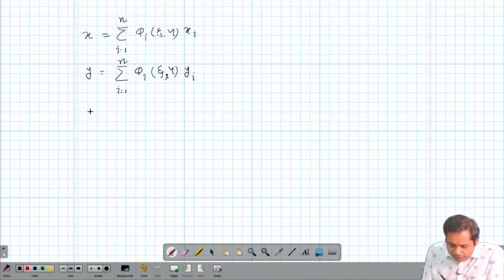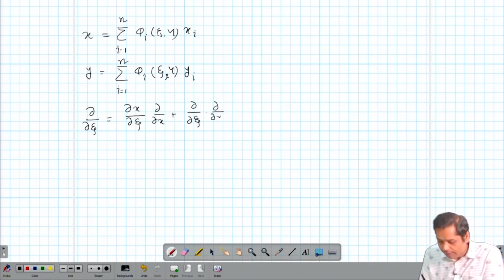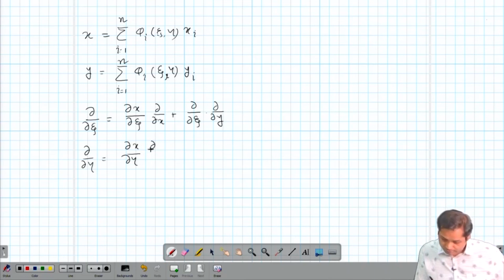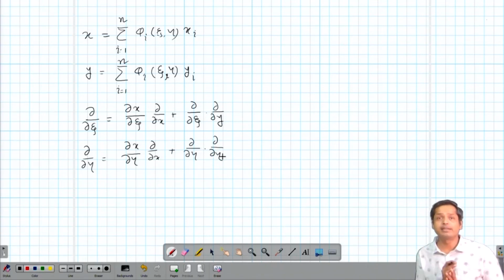Now we can write like this: the derivative del xi can be written as del x del xi times del x plus del y del xi times del y, and similarly del eta can be written as del x del eta times del x plus del y del eta times del y, by applying the chain rule.